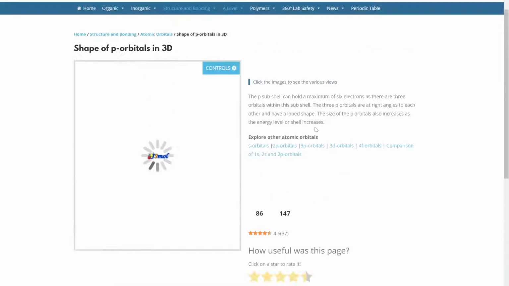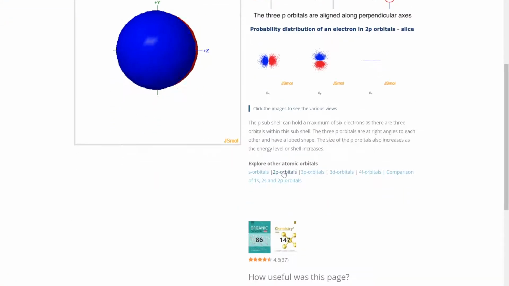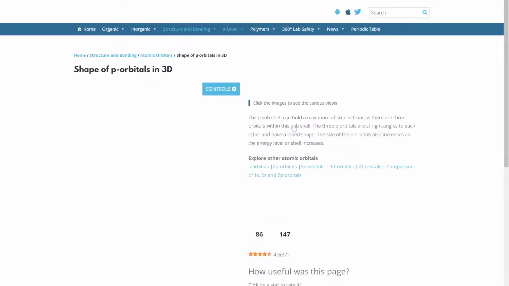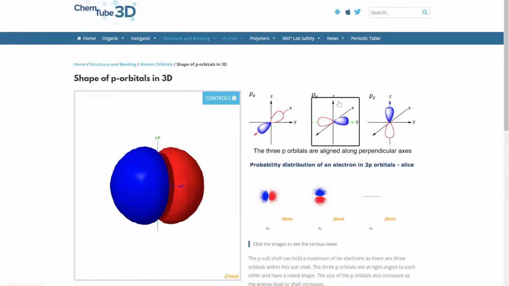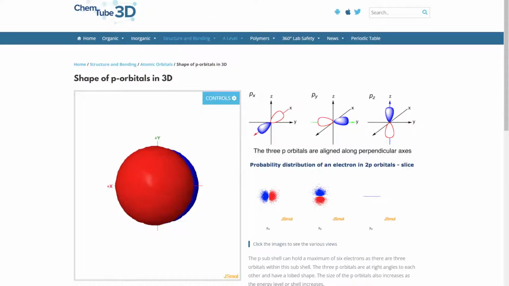And if we look at 2p orbitals, same thing, 90 degrees to each other. So if the bonding were happening in p orbitals, we would expect all of the bond angles to be at 90 degrees to each other.